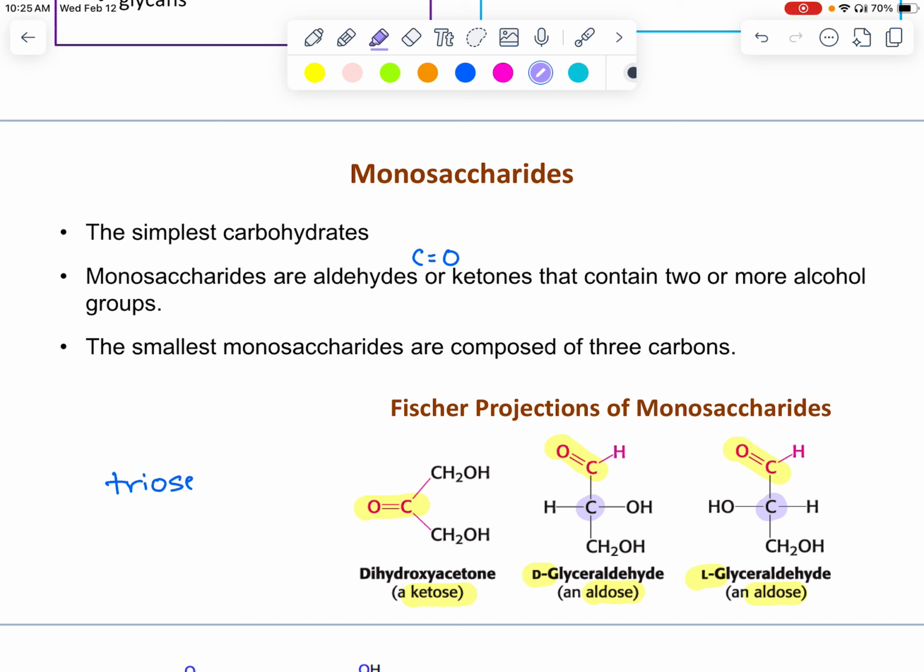And by the way, in nature, the D form is the preferred form, the dominant form. And so often we'll leave that D out. It's assumed that it's the D form unless it's otherwise noted. So we would always put the L, but we might leave the D out.